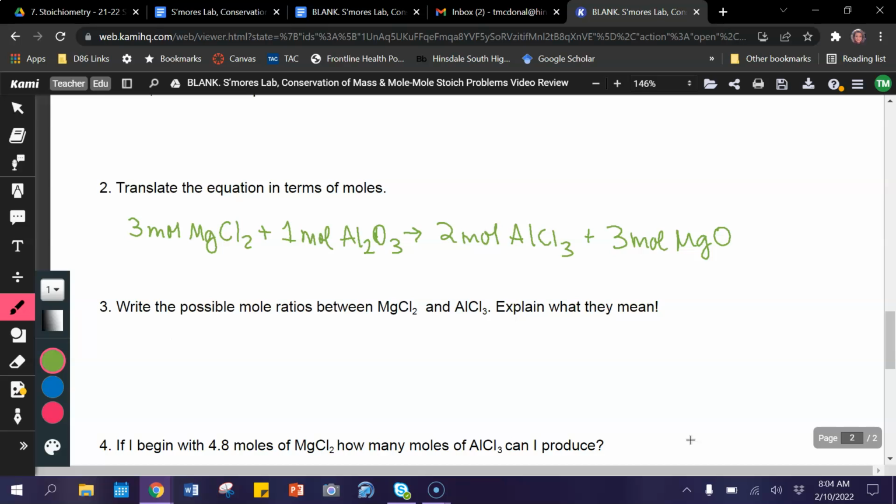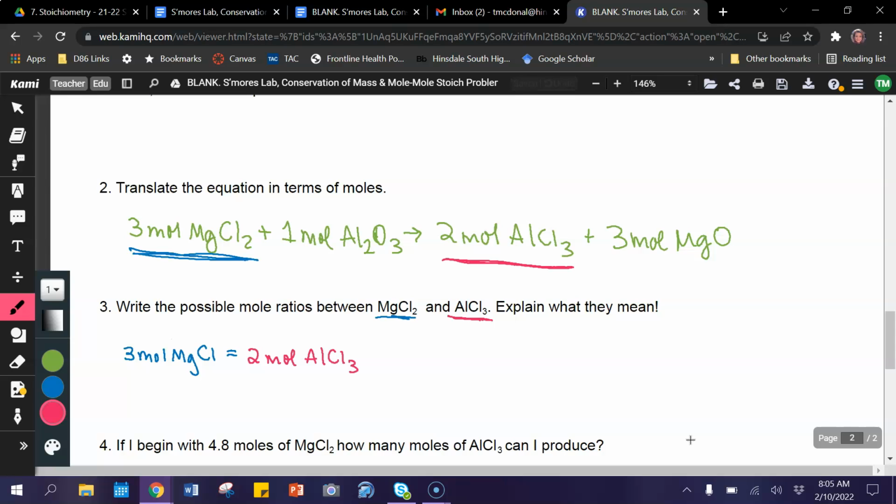Okay, so remember that in a chemical equation, we use our coefficients, and magnesium chloride we'll underline in blue just so that we can see it easily, and then aluminum chloride will underline in pink here. Okay, so we can say that 3 moles of magnesium chloride is equal to 2 moles of aluminum chloride. Now that's not technically a mole ratio.